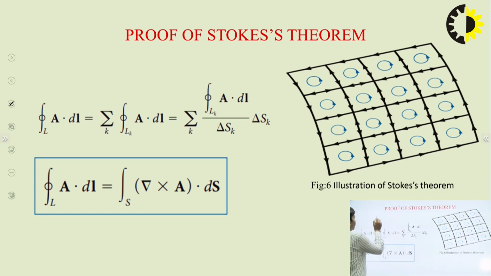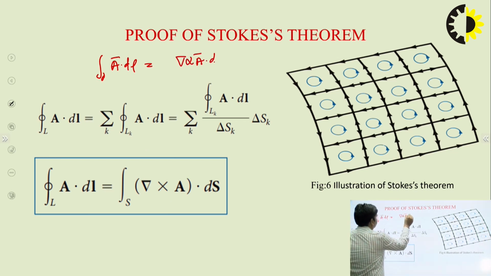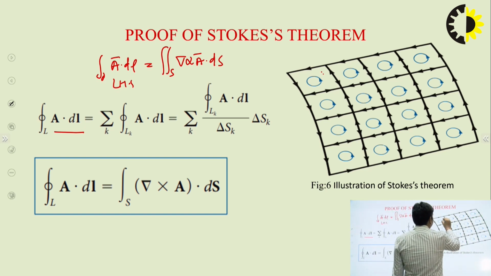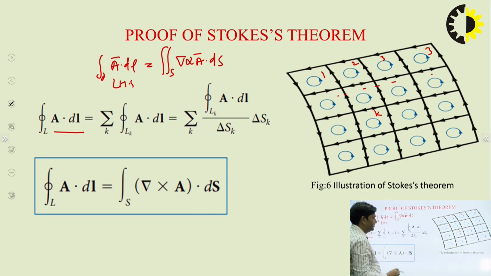First we put what Stokes' theorem states: A dot dl in a closed path L is equal to the curl of that particular vector, del cross A dot ds, over the surface area. If we take the LHS, A dot dl, and take the maximum circulation, so this is 1, this is 2, this is 3, up to the kth circulation.